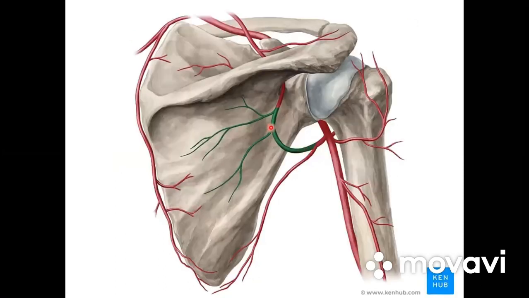It continues on the dorsal surface of the scapula, where it makes an anastomosis with the infraspinatus branch from the suprascapular artery. Together they will supply the infraspinatus muscle, scapula, musculus latissimus dorsi, deltoid muscle, and the teres minor and major muscles.